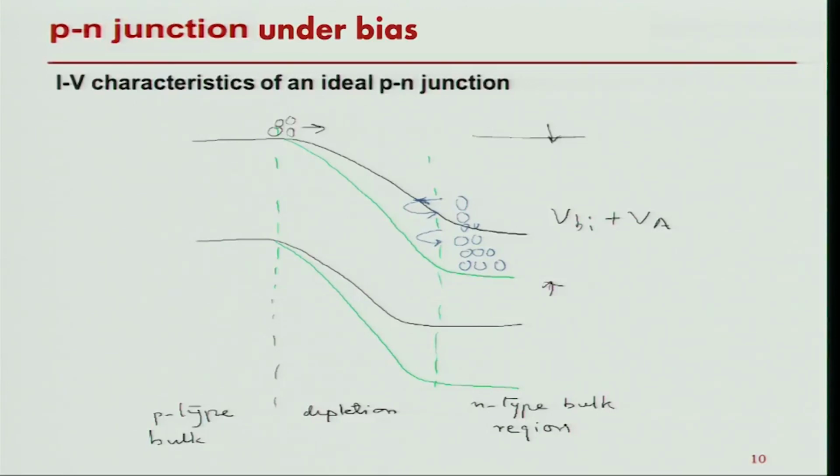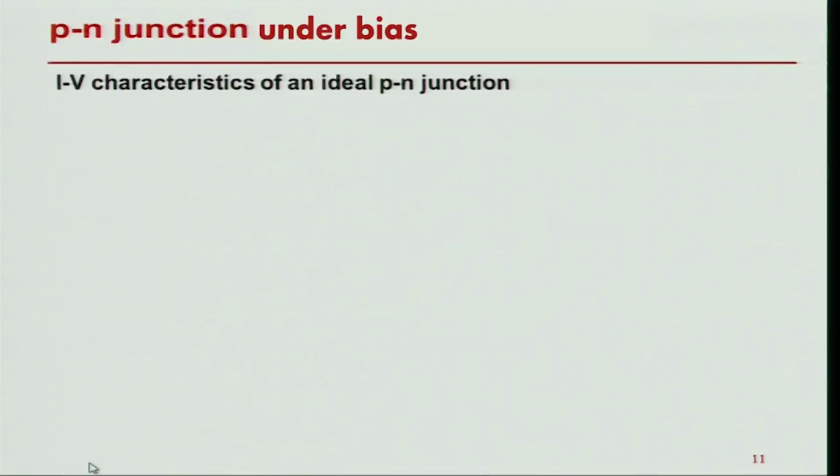So, let us start looking at how we look at the current here under different assumptions. So, in the forward bias, where my built-in potential is reduced by the applied potential, I want to figure out what would be the current due to the forward bias.